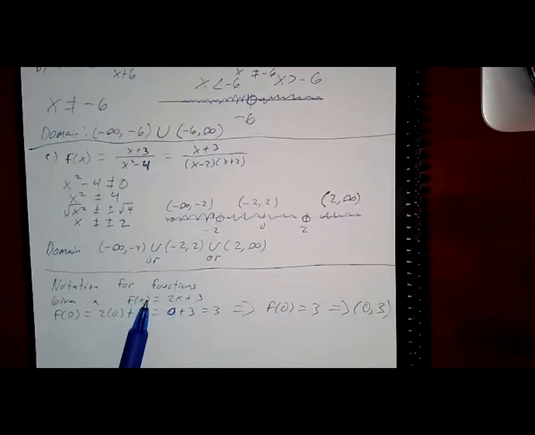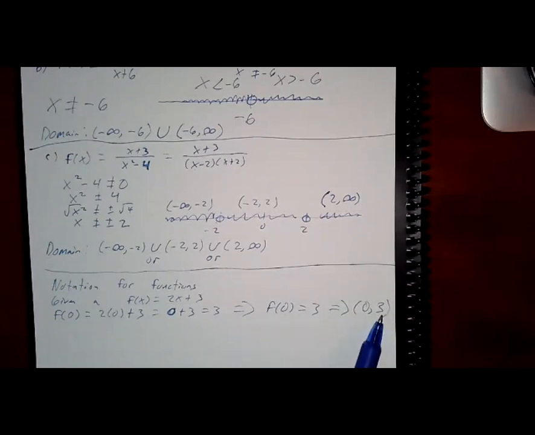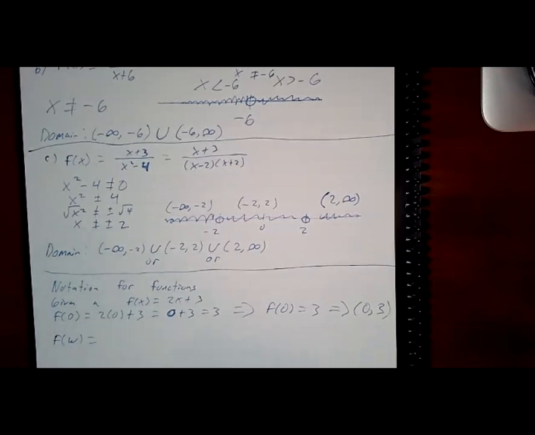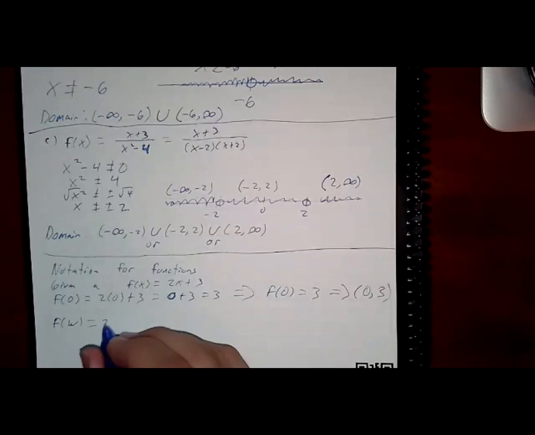Here's your function. Plug in an x, so I write it here. Wherever you have an x, go ahead and plug it in, do your math. 2 times 0 is 0, plus 3 is 3. So f of 0 is equal to 3. This is saying the function gives me 3 at 0, which gives me the point (0, 3). Just don't let this notation bother you. If I plug in a w, that means you plug in a w.